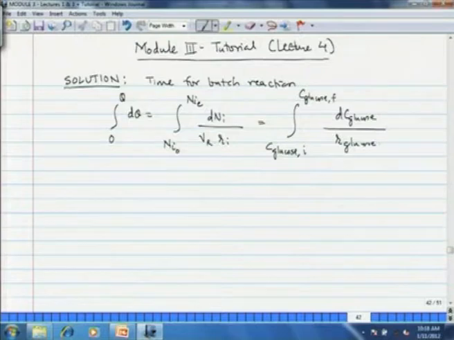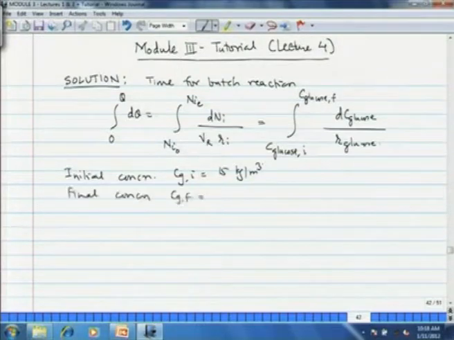From here onwards we will indicate glucose concentration by Cg for brevity. We have been given that the initial concentration Cgi is equal to 15 kg per meter cube, and we have to go for 95%, so the final concentration is 0.05 into 15, that is 0.75 kg per meter cube.